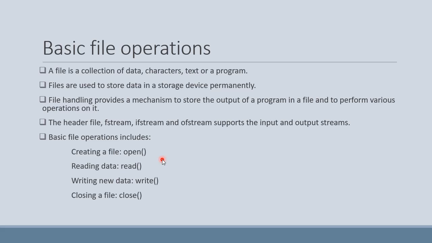This is how it works. And I can read data from a file, write data into a file, and also close a file. Closing a file is done automatically when a program is terminated, or else you can give a command to close the file.